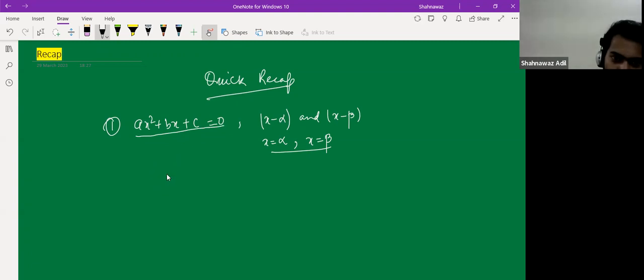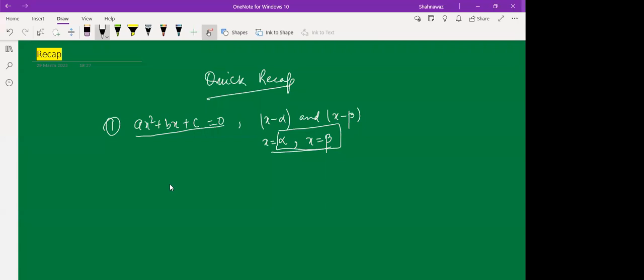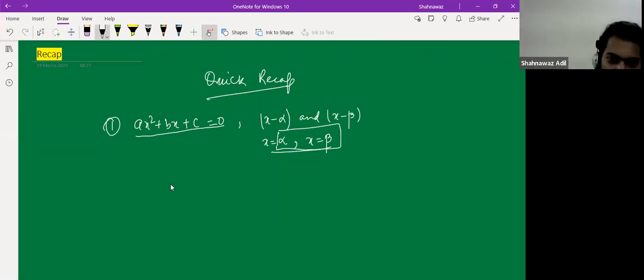And you can write the quadratic equation in the form of these zeros. And what was that? Can you recall? We proved this in the previous class.